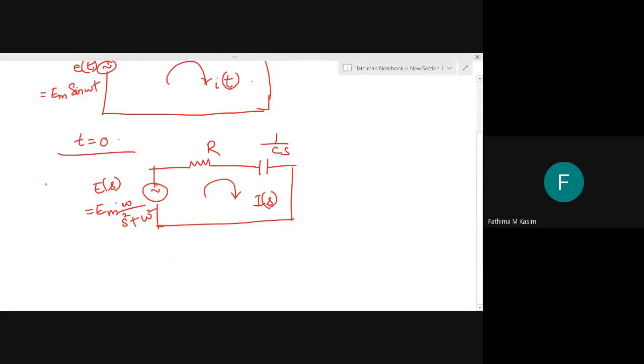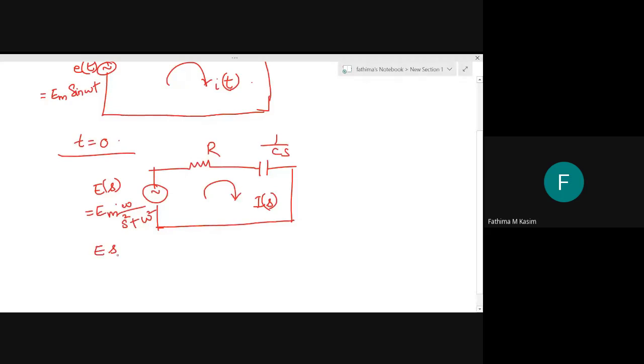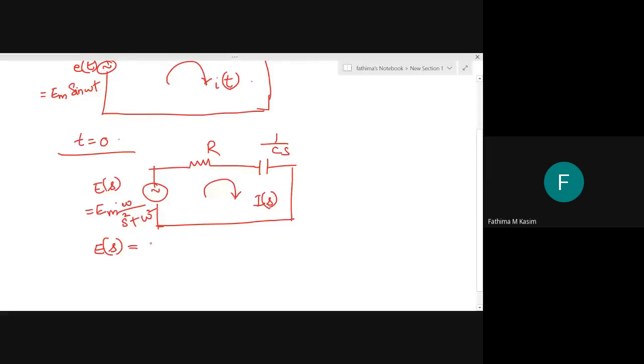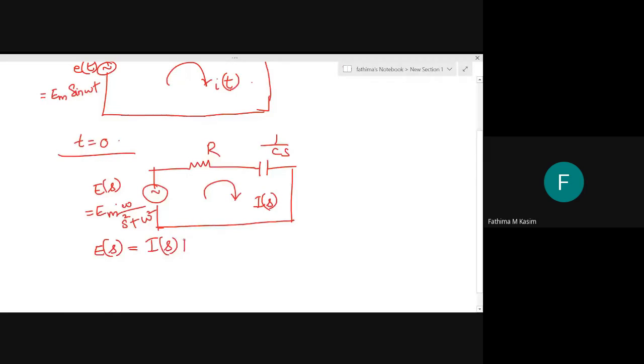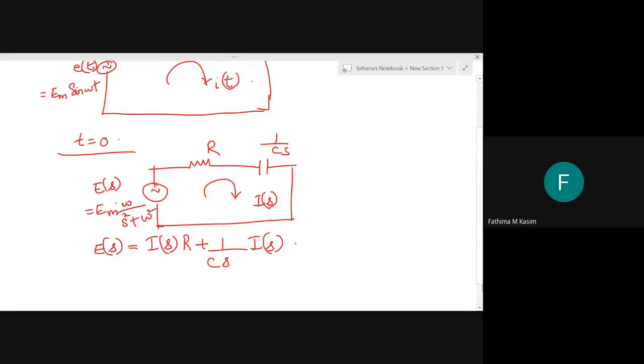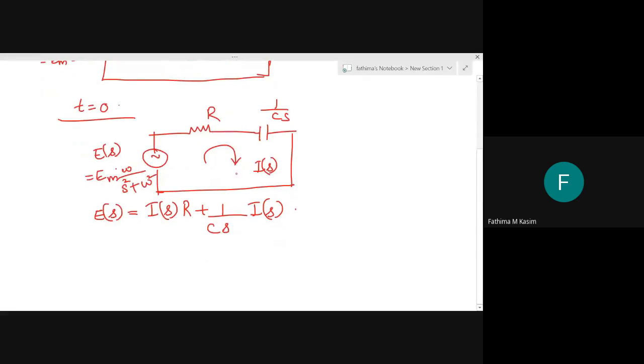So we can write the equation. Applying KVL to this loop, at this instant we are considering the top as plus and bottom as negative.